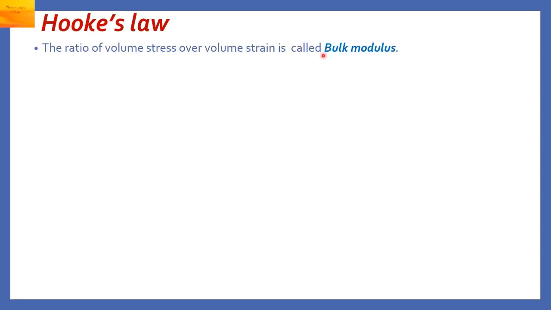Third type of moduli of elasticity is the bulk modulus. It is the ratio of volume stress over volume strain.